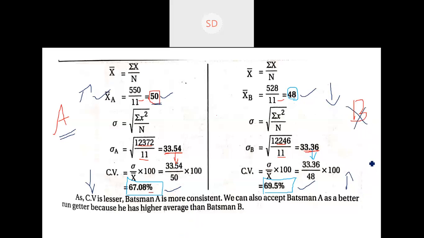He is not a good player. So batsman A is more consistent and his average runs are also more than B's. Okay, so this is how we give the overall conclusion after analyzing and solving the data. I hope everybody understood this. Did everybody understand this problem completely? Does anybody have any doubt in this problem?